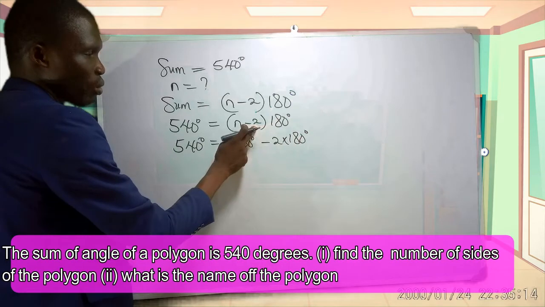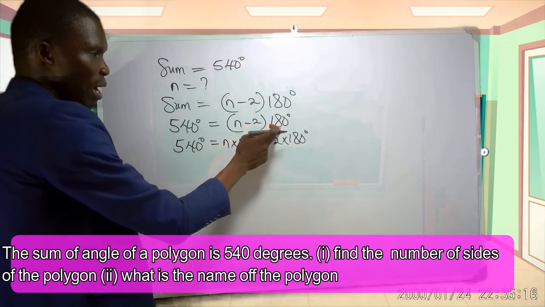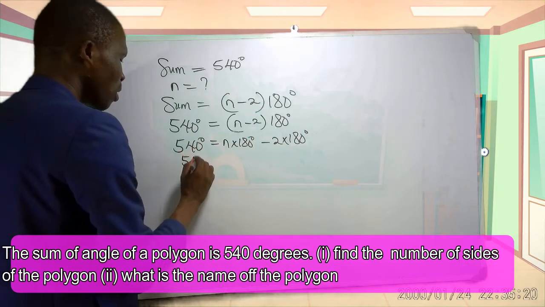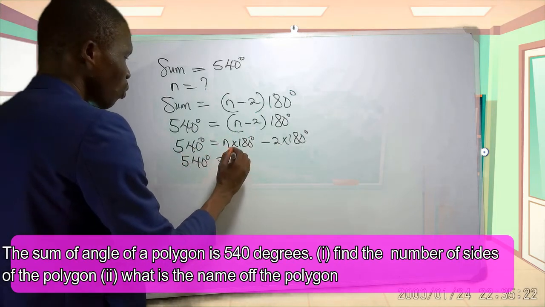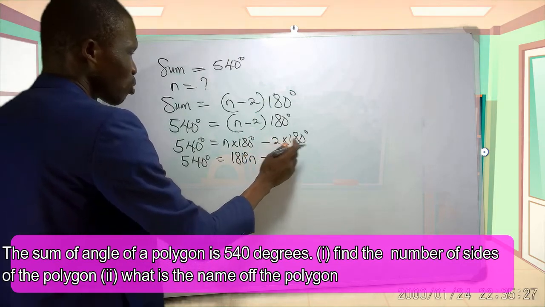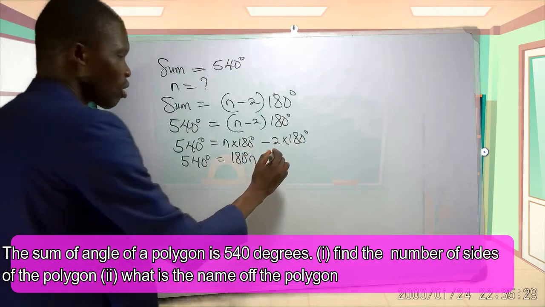This 180 will multiply this minus 2, and this 180 will multiply this n. So this will give us 540 degrees equals 180 degrees n minus 2 times 180, which gives 360 degrees.